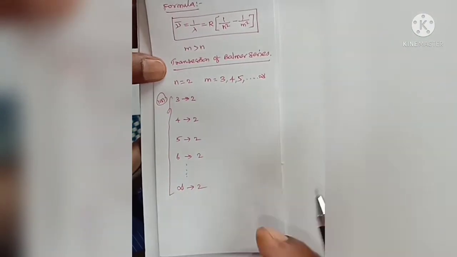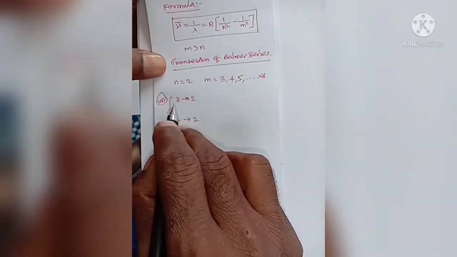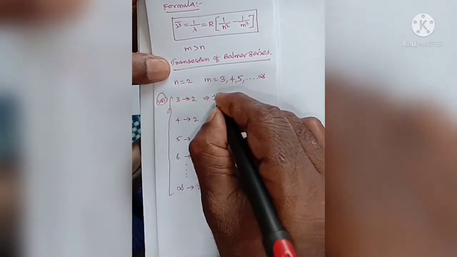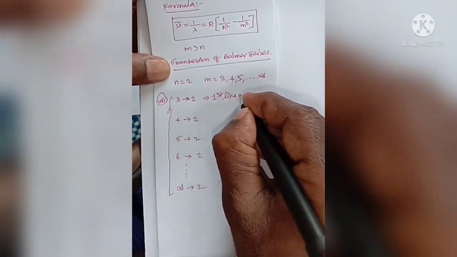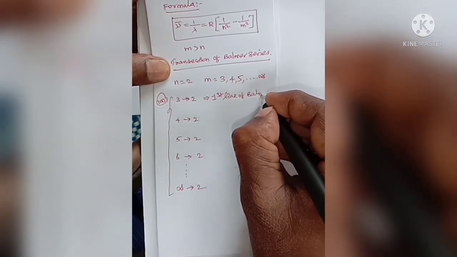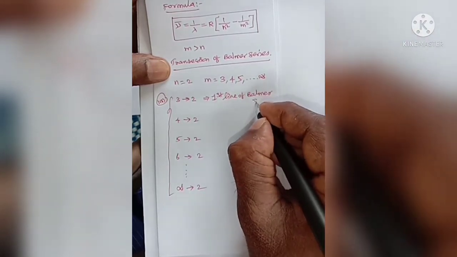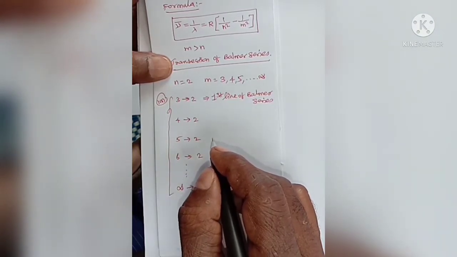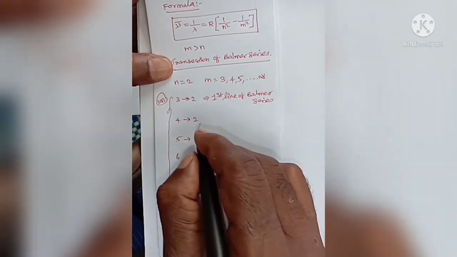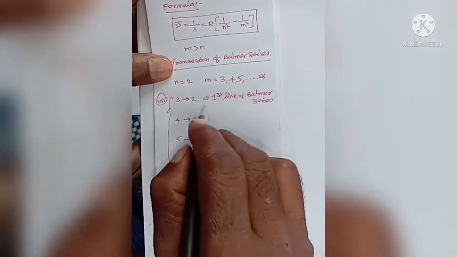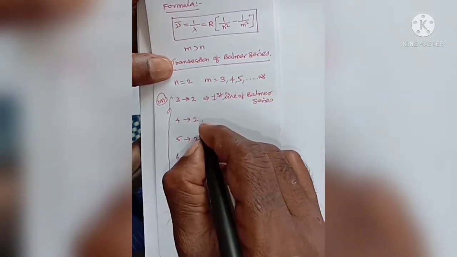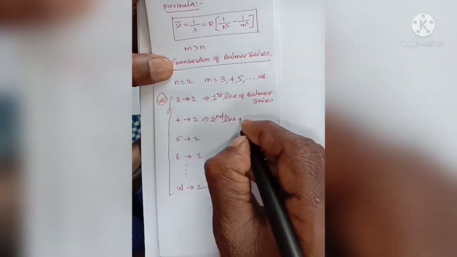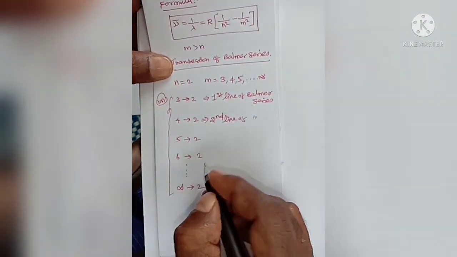The first Balmer transition, 3 tends to 2, is the first line of Balmer series. The second, 4 tends to 2, is the second line of Balmer series.